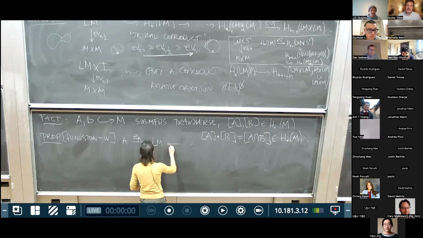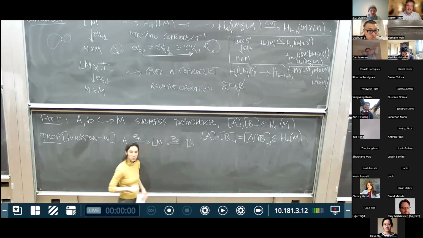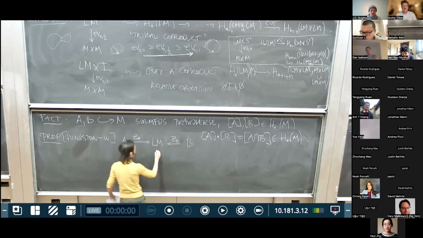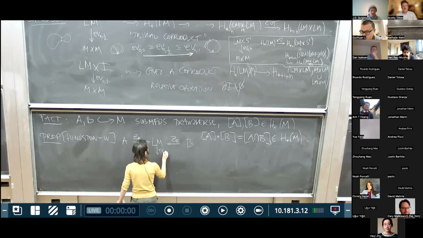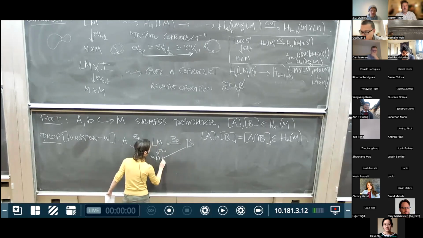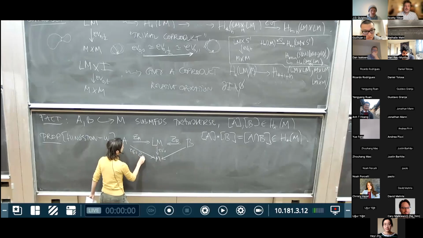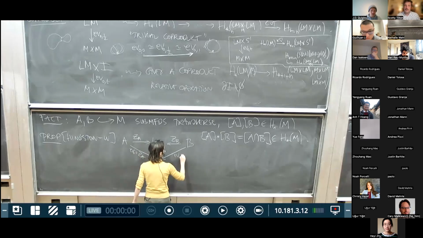I have some classes A and B that I would like to take their string product. How did we do the string product? We use this evaluation map at 0 to the manifold, and we did an intersection of the evaluation maps, right? So the intersection is happening with this composition. So this is like F0 of ZA and F0 of ZB.